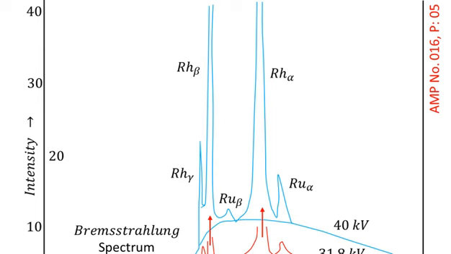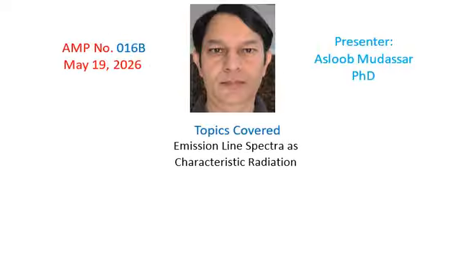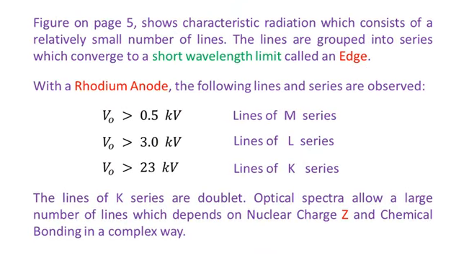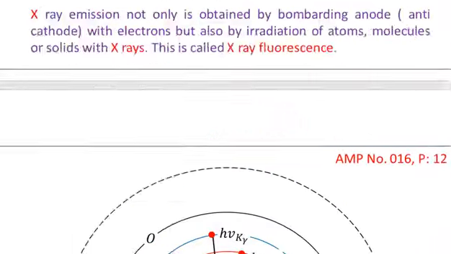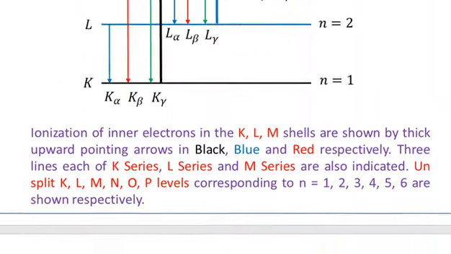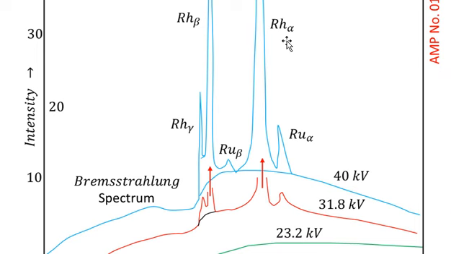So actually, Ru stands for ruthenium and Rh is from rhodium. Rh alpha, Rh beta, and Rh gamma correspond to rhodium.